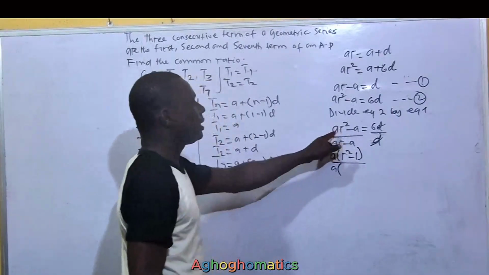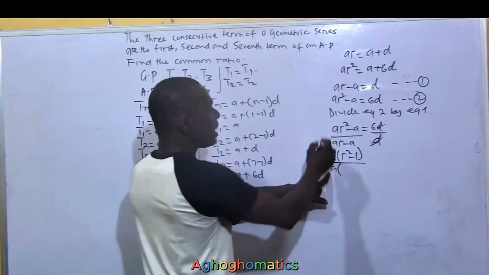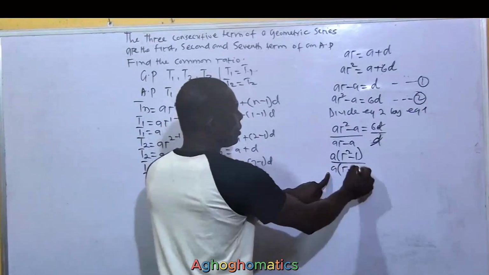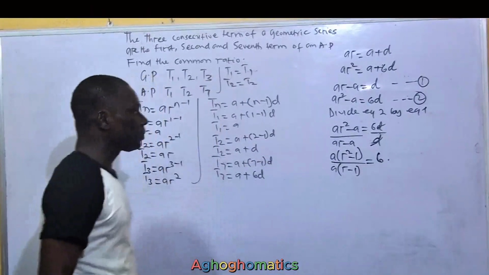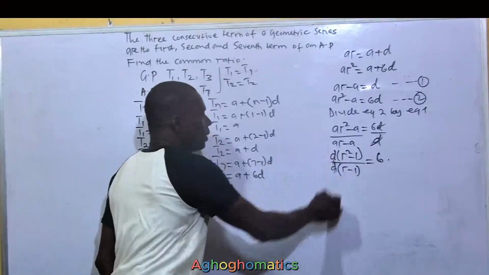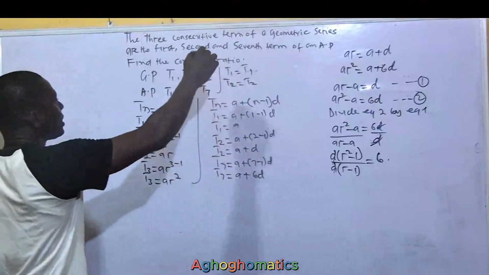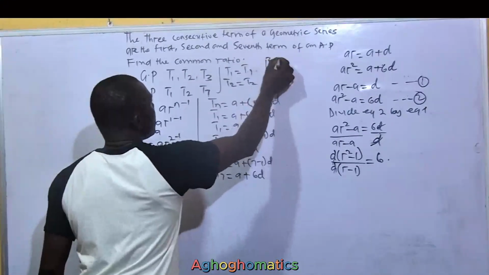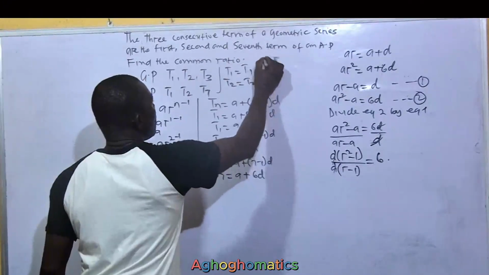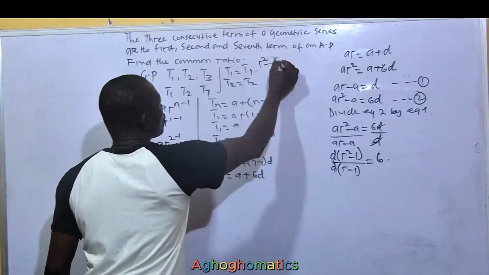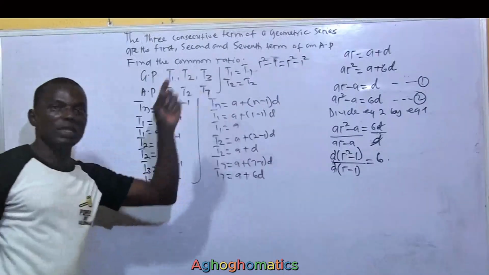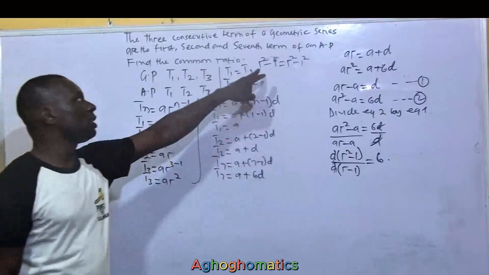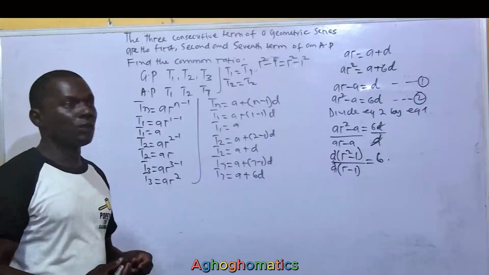At the denominator, we also factor out a, which is common, r minus 1, equals 6. So here a goes with a. But recall that r squared minus 1 is the same thing as r squared minus 1 squared, since 1 is a perfect square. So here, you see this is typical of difference of two squares.